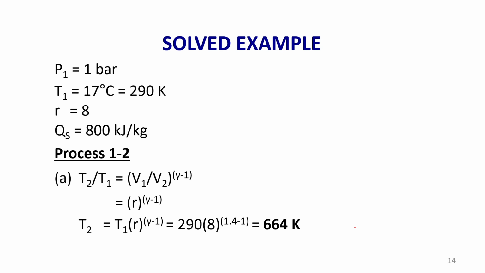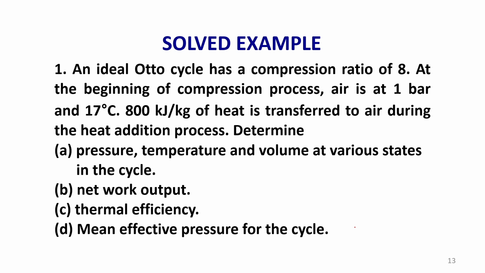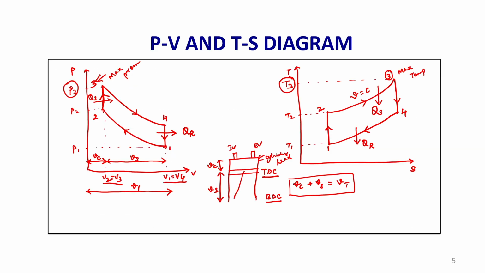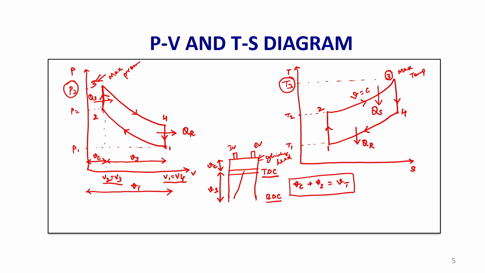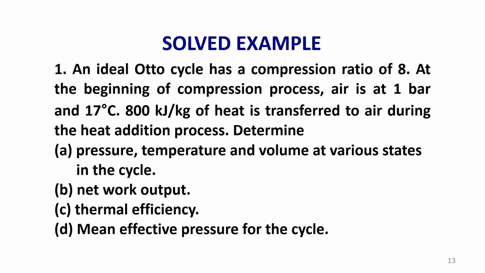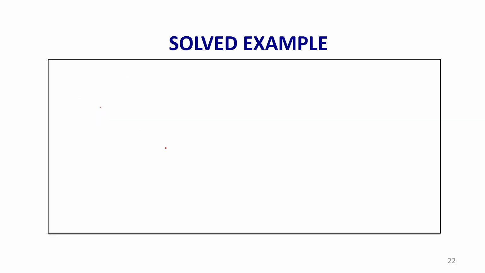So, let us write the given data. Here it is clearly given, at the beginning of compression, means compression starts at state point 1 and ends at state point 2. So, the condition of the air at the beginning of compression, that is pressure and temperature at state point 1, is given.